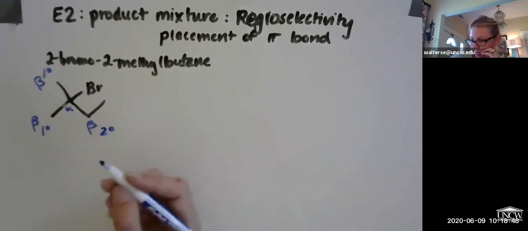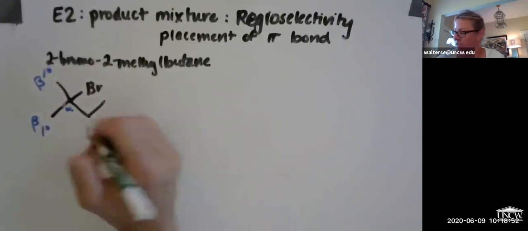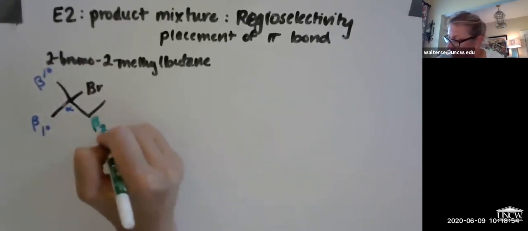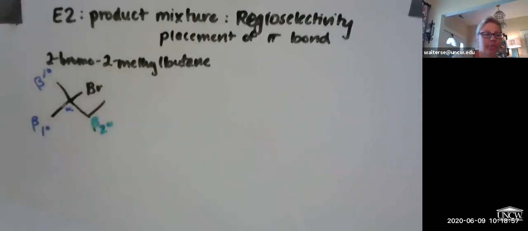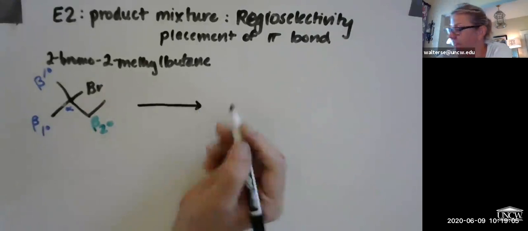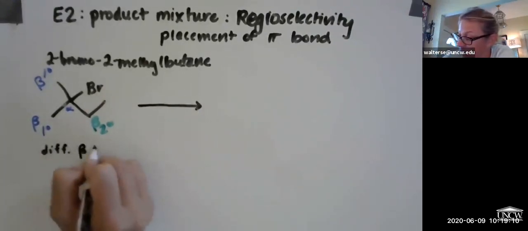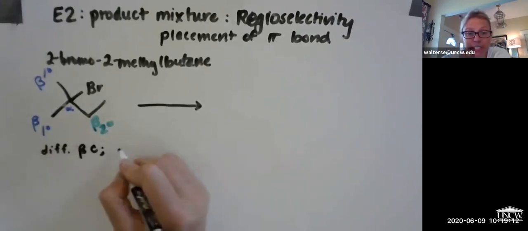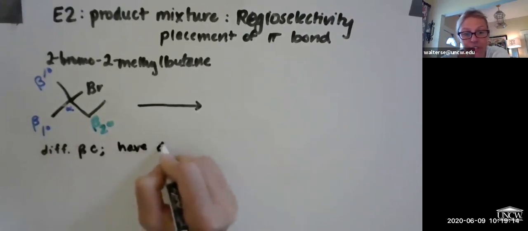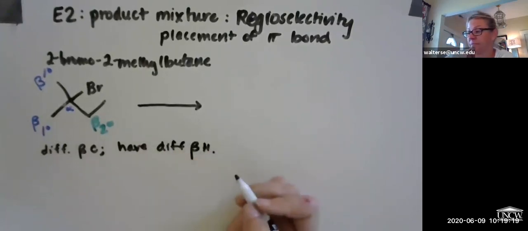I'm actually going to make this green. So what we have to consider is that different beta carbons have different beta hydrogens.